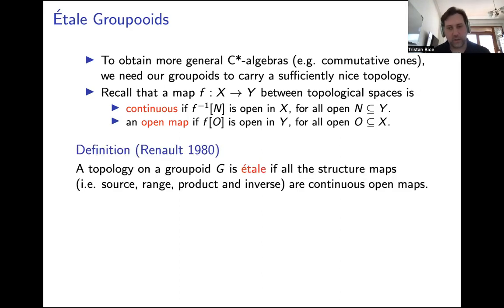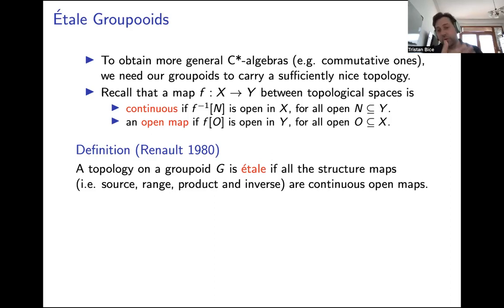So an Étale groupoid is one where all the maps you naturally have here, all the structure maps, the source map, the range map, the product, the inverse, they all have to be continuous and open maps. This open part is key. We'll see towards the end why you really need to have these maps to be open. In particular, you really need to have the source, or equivalently the range, to be not just continuous but also open.